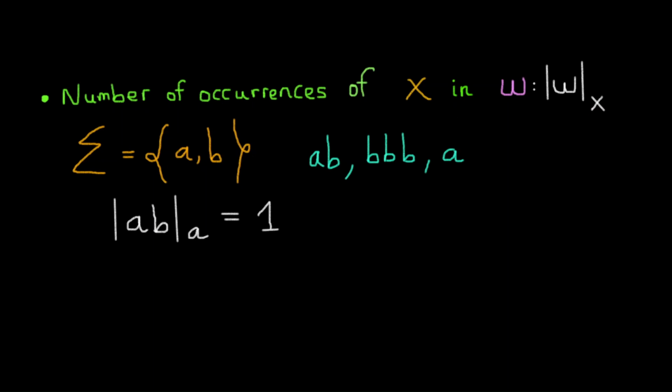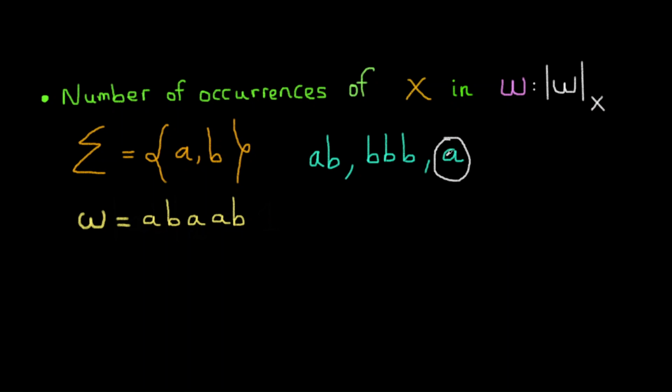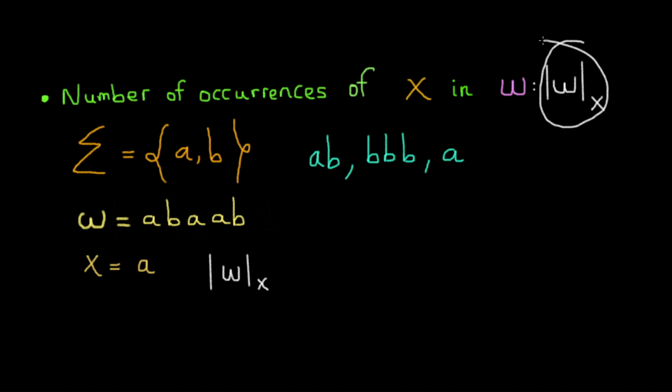If we had another word, let us suppose that we have now the word ABAAB. So now the word W is this word in here. So now if we want to compute how many occurrences we have of the word A inside the word W, notice how in this case X is A, and now we just denote in the same format as we have here.